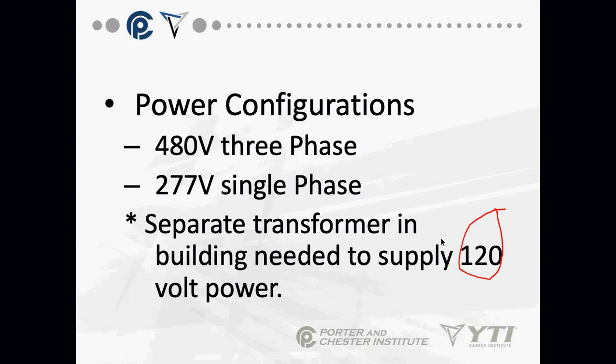For those of you in Waterbury, I think there's a big old electrical supply closet near the back of the building. Hamden has it upstairs, but there are little transformers all around sitting on the floor. And I don't want to say little, these things weigh a ton. But we step down the 480 volt three-phase to be able to use 120 volt power. It requires another transformer.